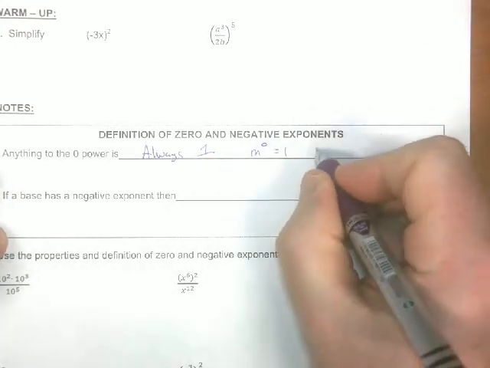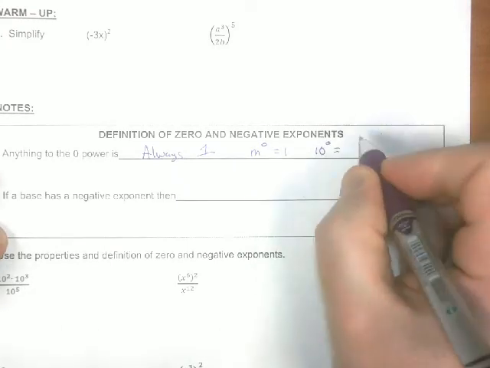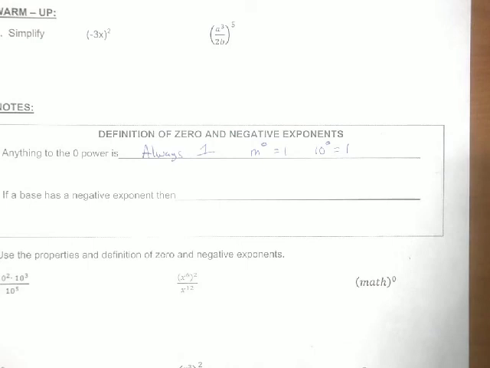If you have 10 to the 0 power, that's going to equal 1. So anything to the 0 power always equals 1, no matter if it's letters or numbers or anything.